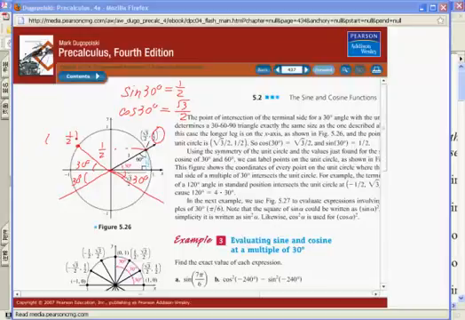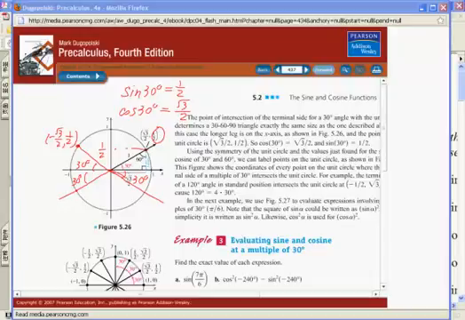And what is the x-coordinate of this point? By symmetry, negative √3/2, right? Because the x-coordinate of this point is √3/2, so the x-coordinate of this point should be negative √3/2.